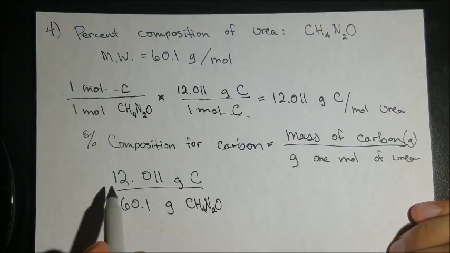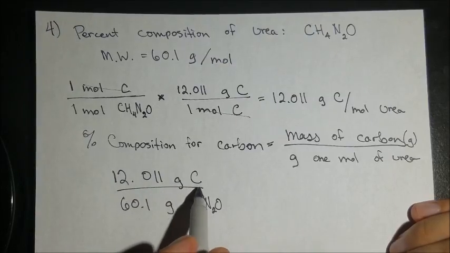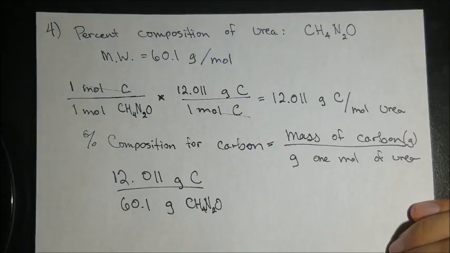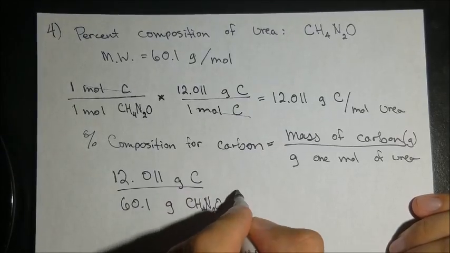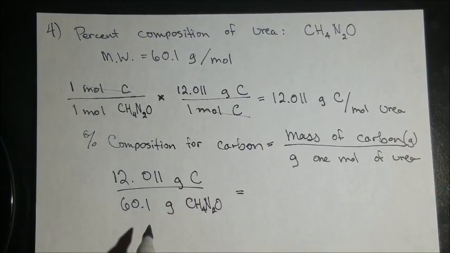So we're saying here that we've got 12.011 grams of carbon in 60.1 grams of urea. So our grams are going to cancel, and essentially what we're left with here is a percent.